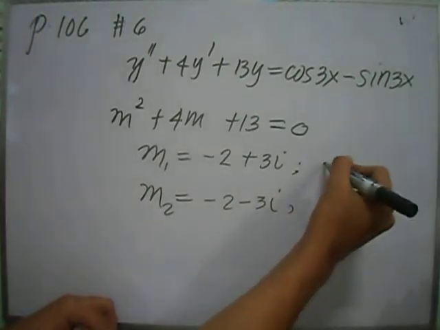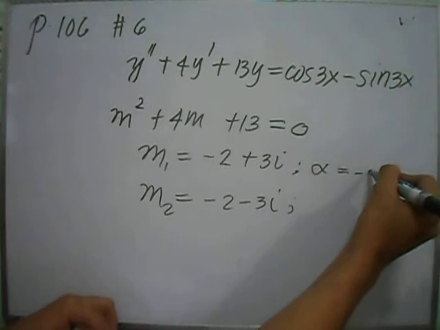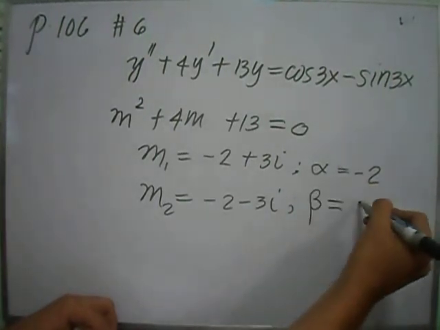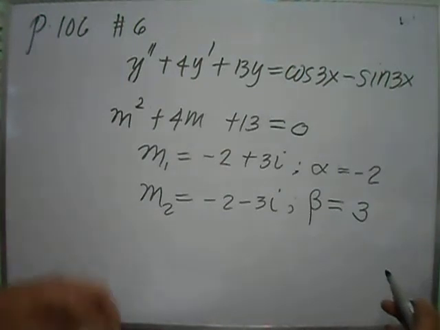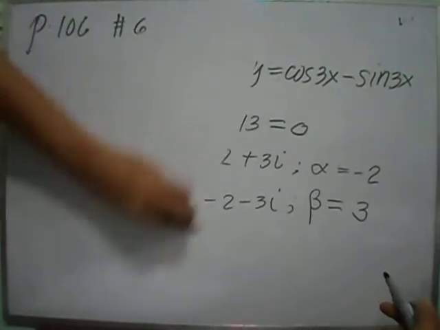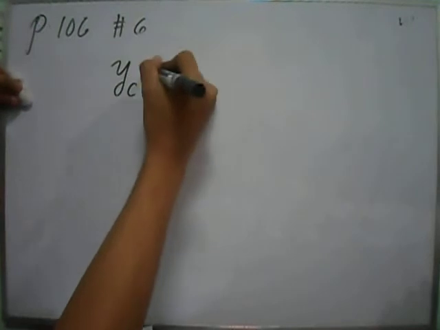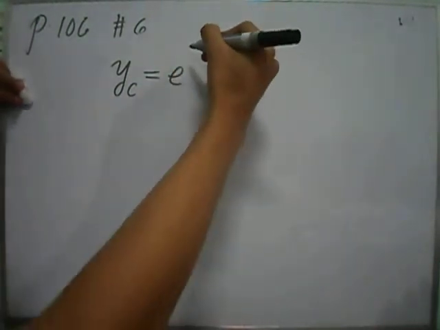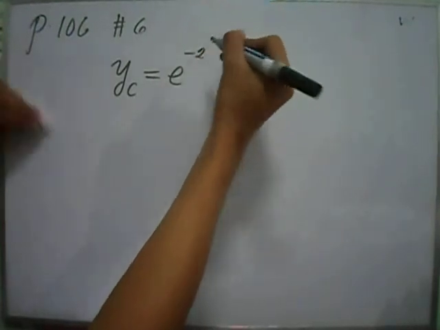Now we identify that alpha is equal to minus 2, and beta is equal to 3. Now using case 3 for the undetermined coefficients, we have the expression for our y complementary, which is e to the alpha x, equal to e to the minus 2x.